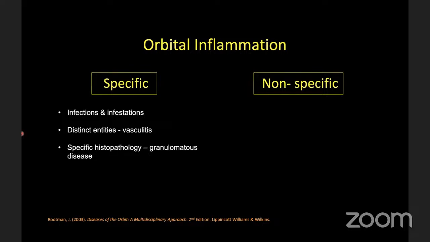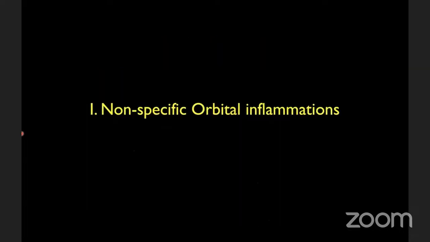Under non-specific, usually we would have myositis, which is involved. It could be lacrimal, anterior, diffuse, or apical based on the region which is affected. So this is non-specific orbital inflammation, or the NSOIDs that we're talking about. We will look at both of these individually.